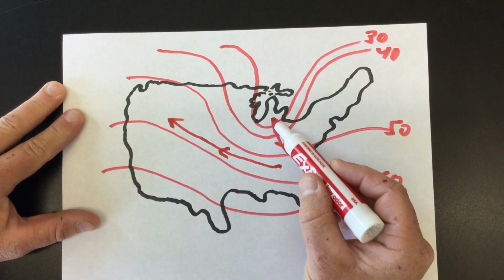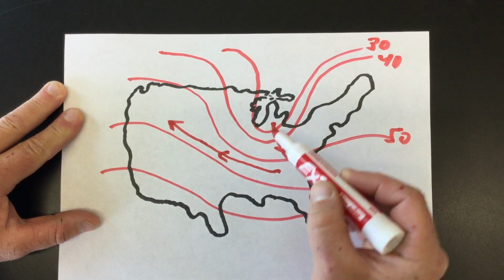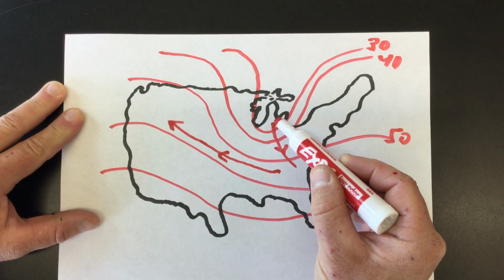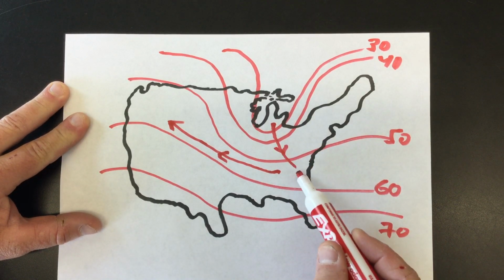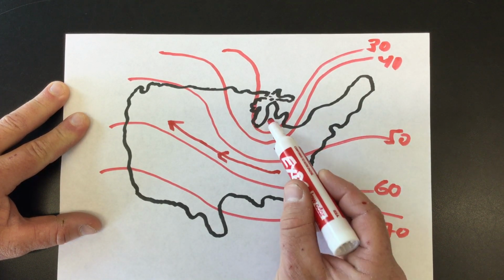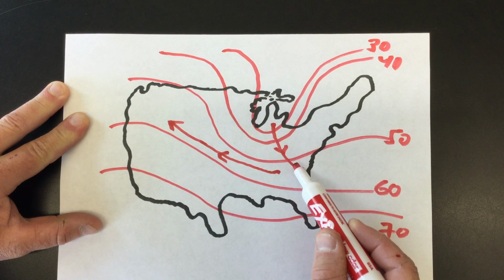Well, you notice here you're crossing these isolines. You're going from where the temperature's below 30 to a place where it's probably 55. So the temperature is changing pretty rapidly as you make this drive.